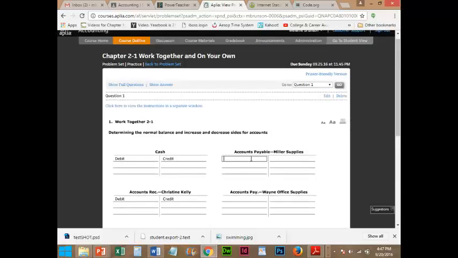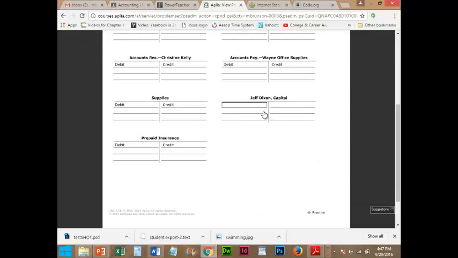No matter what kind of an account it is, it doesn't matter if it's an asset, if it's a liability, if it's an owner's equity, owner's capital, always debits on the left, credits on the right. So that's the first thing that we're going to do.